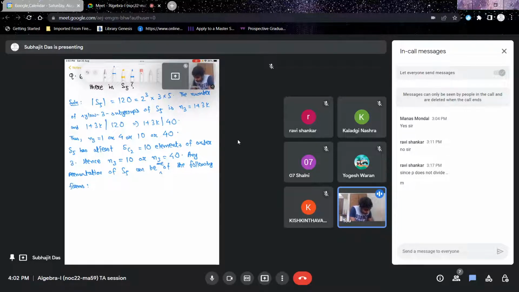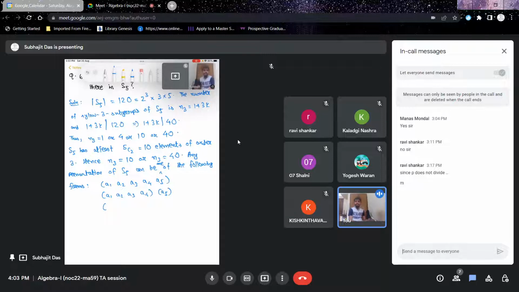So you have either a 5 cycle (a1 a2 a3 a4 a5), or you have a 4 cycle (a1 a2 a3 a4) together with a 1 cycle (a5), and all these are disjoint.